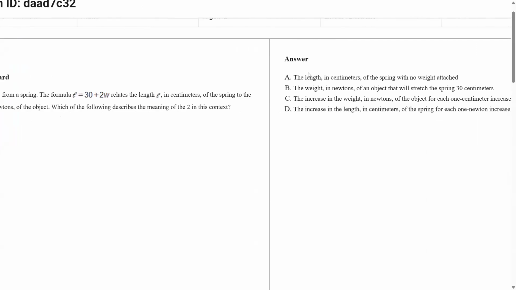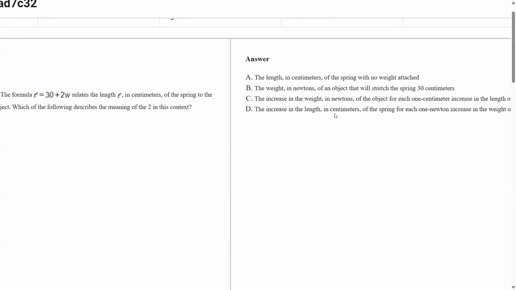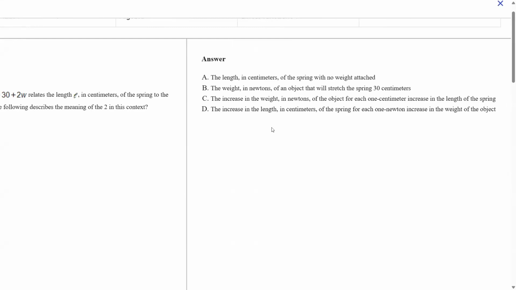No. The weight in newtons of an object that will stretch the spring 30 centimeters is not related at all. The increase in weight in newtons of the object for each 1 centimeter increase. No. The increase in length in centimeters of the spring for each 1 newton increase in the weight of the object. Yes, this is correct.